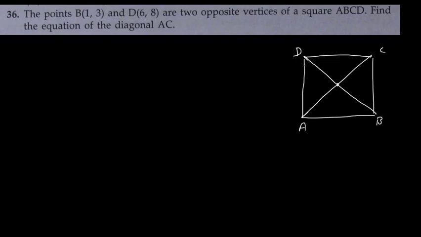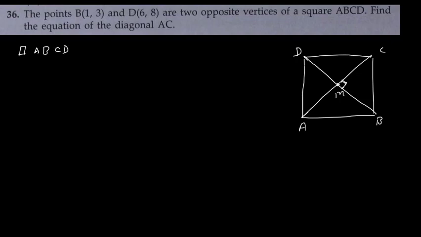So how do we get that? Because point B and D are given, using B and D, I can find the midpoint of BD, which is also the midpoint of AC. And secondly, by knowing the slope of BD, I can find the slope of AC, as AC is perpendicular to BD.